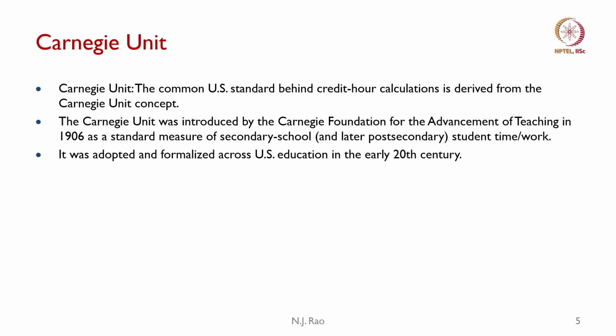So it was introduced in 1906 and underwent some modifications, but it was adopted and formalized across US education in the early 20th century itself. Right from the 1920s and so on, it is very formalized.